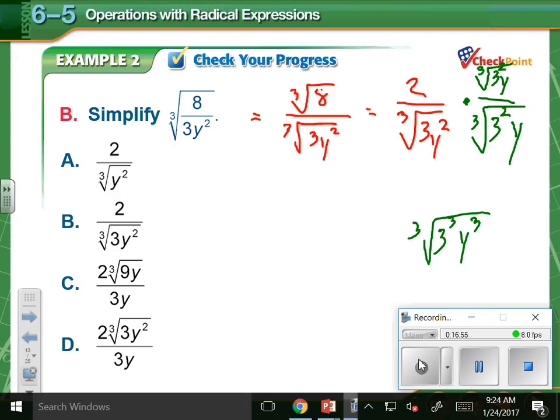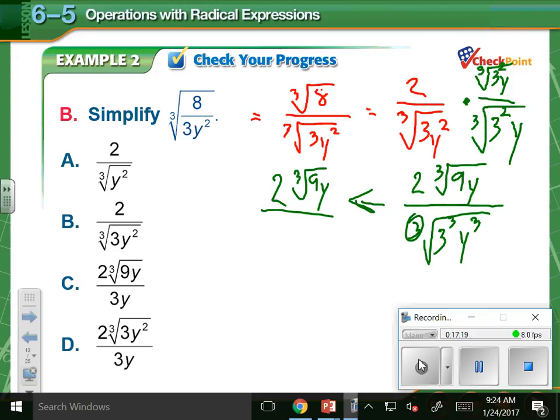That just becomes 2 cube root of 9y, which can't be broken down, and I don't want to mess with it because it's in the numerator. So the top doesn't change. At the bottom, this cancels those two, just left with 3y.